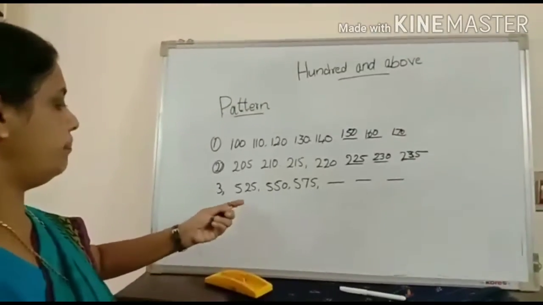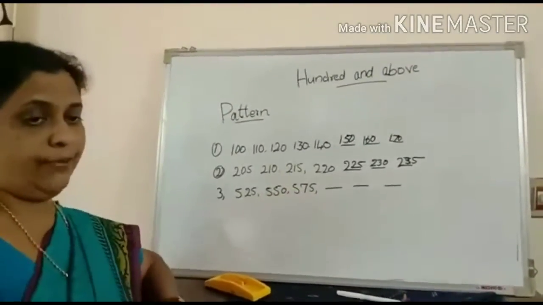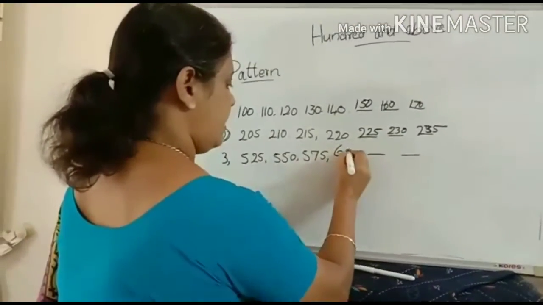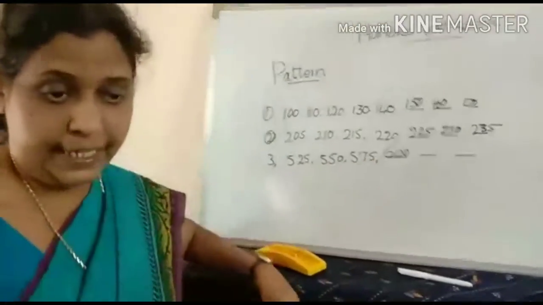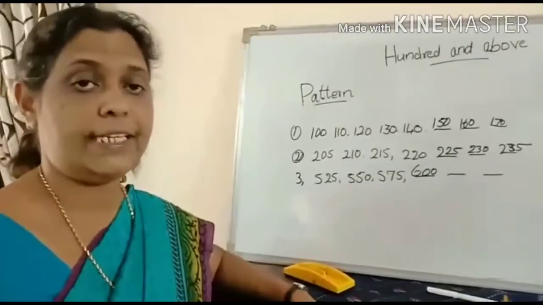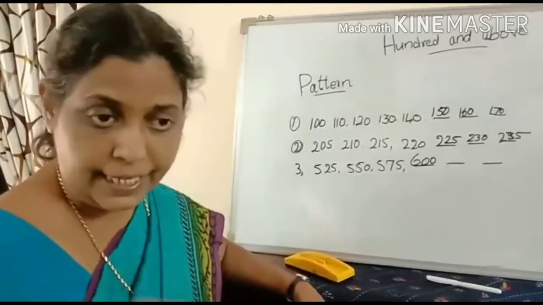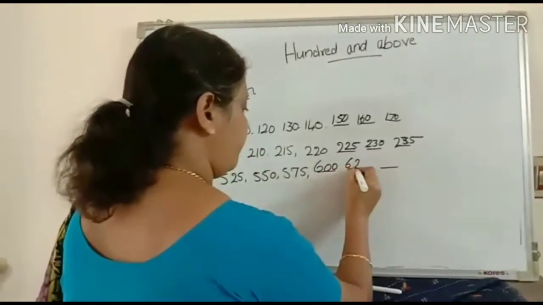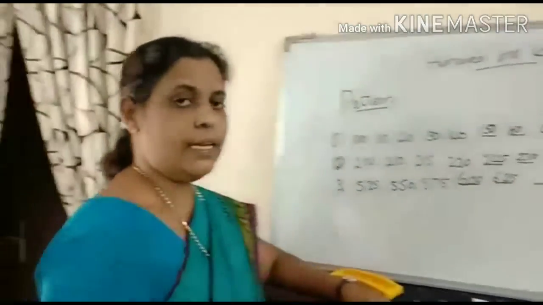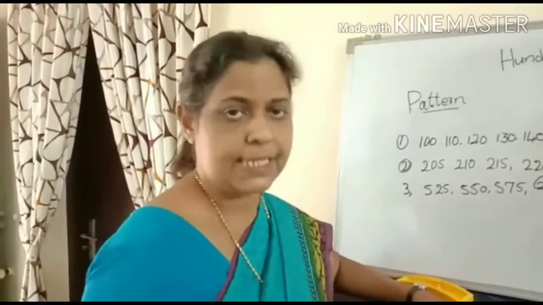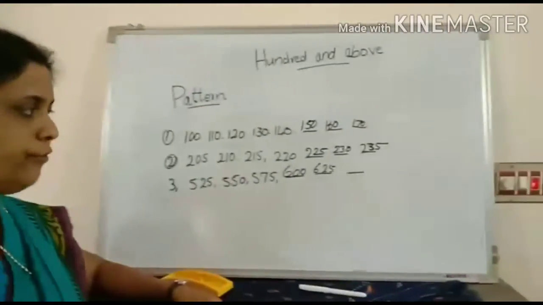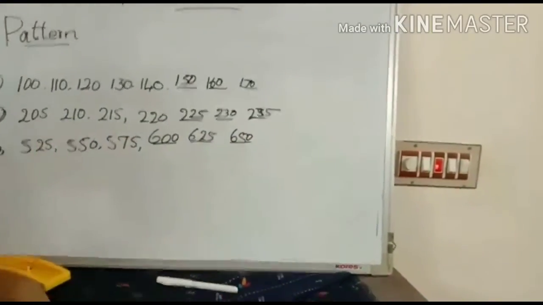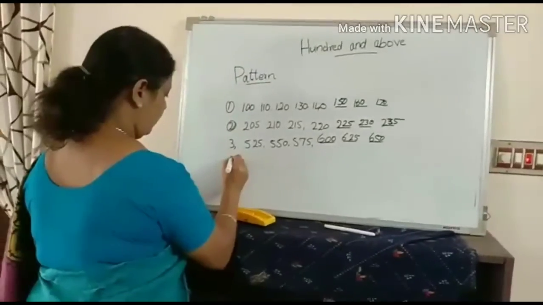Then what will be the next one? 600. What is the next? You must add 25, isn't it? So 600 plus 25, 625. The next one, 625 plus 25, 650. Do you understand? Yes.